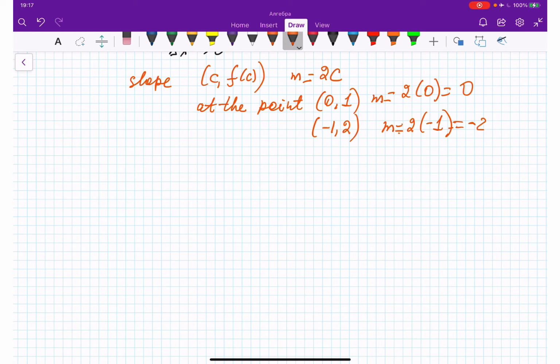Now, something interesting I would like to read. The definition of tangent line to a curve does not cover the possibility of vertical tangent line. For the vertical tangent line, you can use the following definition.